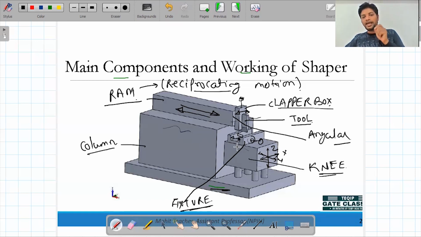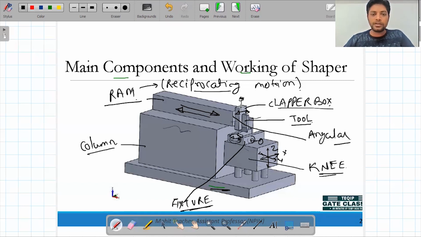If the length and width of the workpiece are smaller than the standard value, we have to fix it by using this screw, which moves toward this side. If this is the workpiece mounted in the fixture, then tightening from this side fixes it.